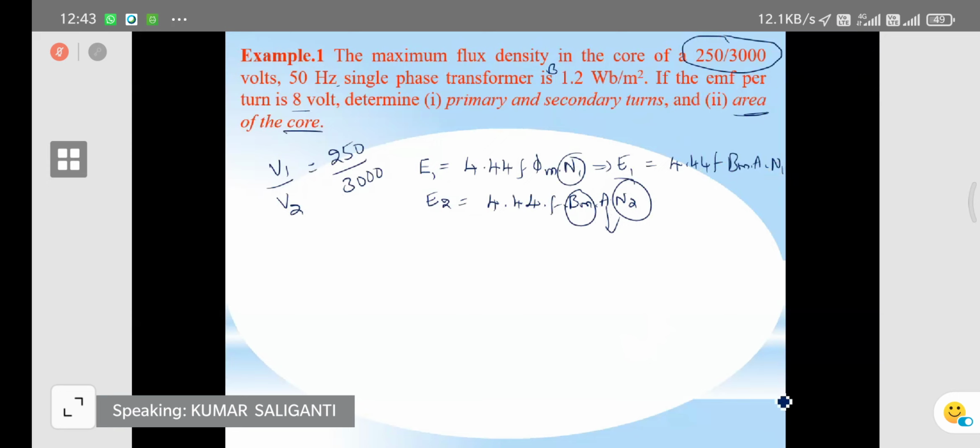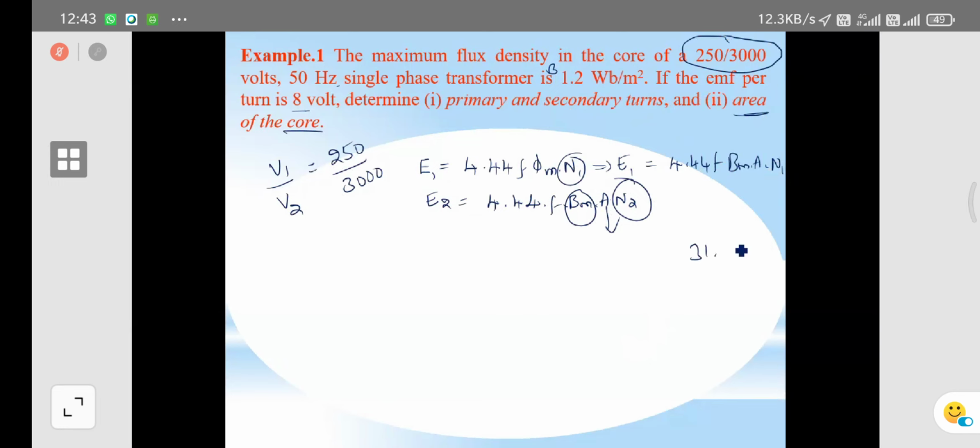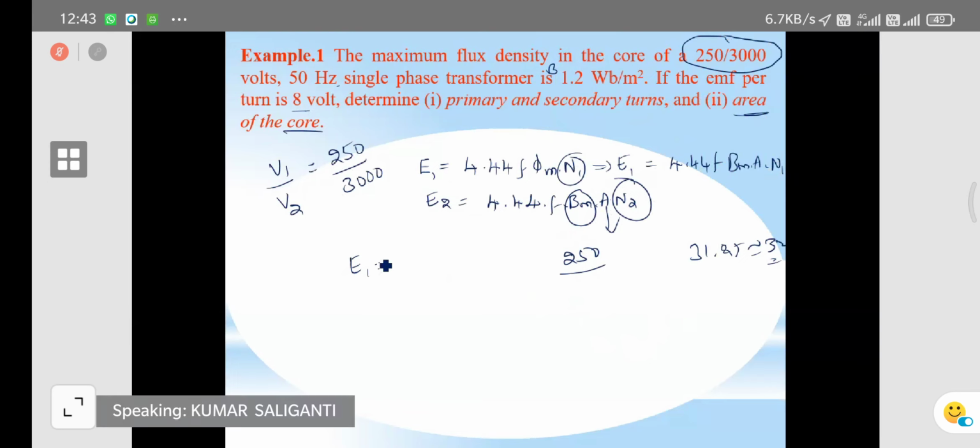N1 is equal to 31.25, approximately 32. Generally the number of turns, E1 equal to E1 for number of turns.